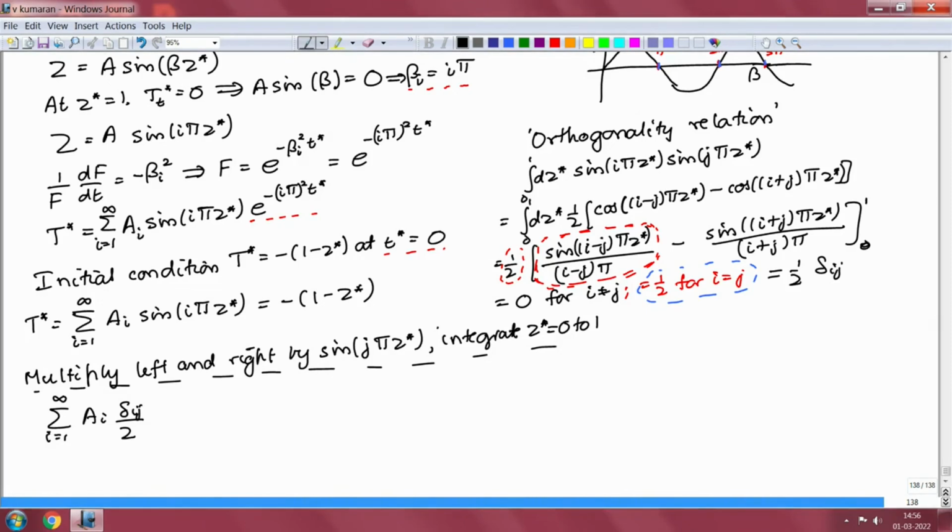So, all terms in the summation are 0 except when i is equal to j, and this entire summation just becomes A j by 2, because all terms in the summation are multiplied by 0 if i is not equal to j. The only non-zero value is when i is equal to j. So, that is the term on the left side.